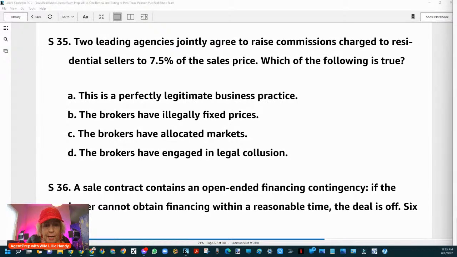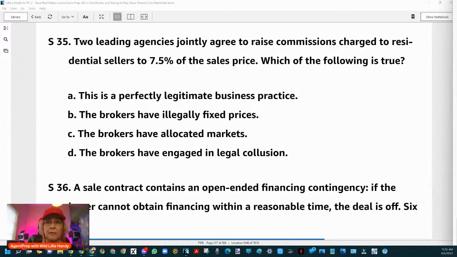So that is price fixing and it is illegal. Different than collusion. Collusion was awarding to their realtors. Here it's fixing the price for the seller. It has to be negotiable.